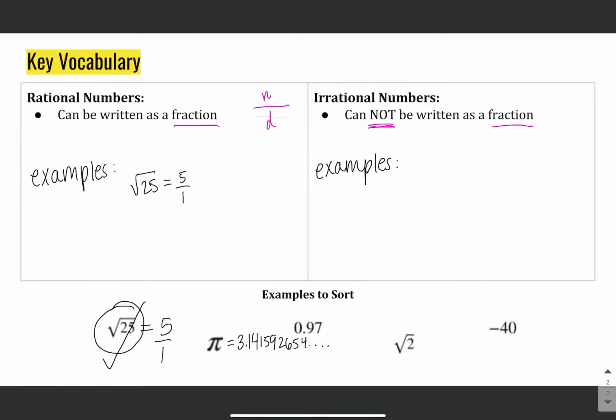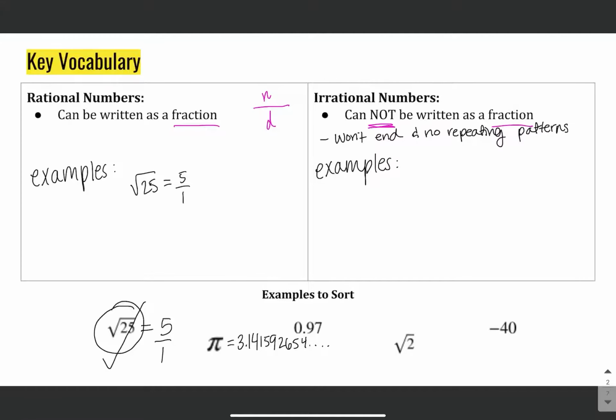Notice that none of the numbers are repeating. So for irrational numbers, as a decimal, they won't end, and no repeating patterns. That's a little added bonus to understand: won't end, no repeating patterns.